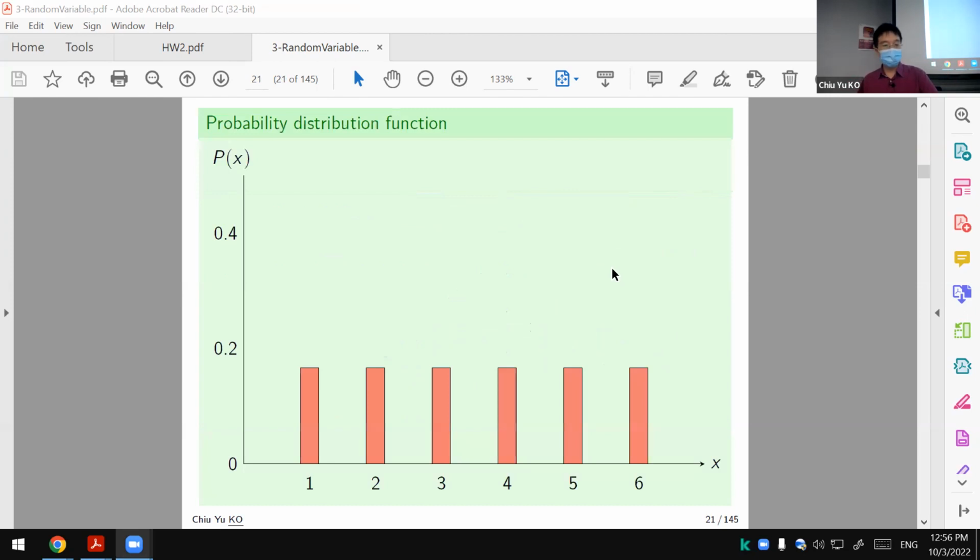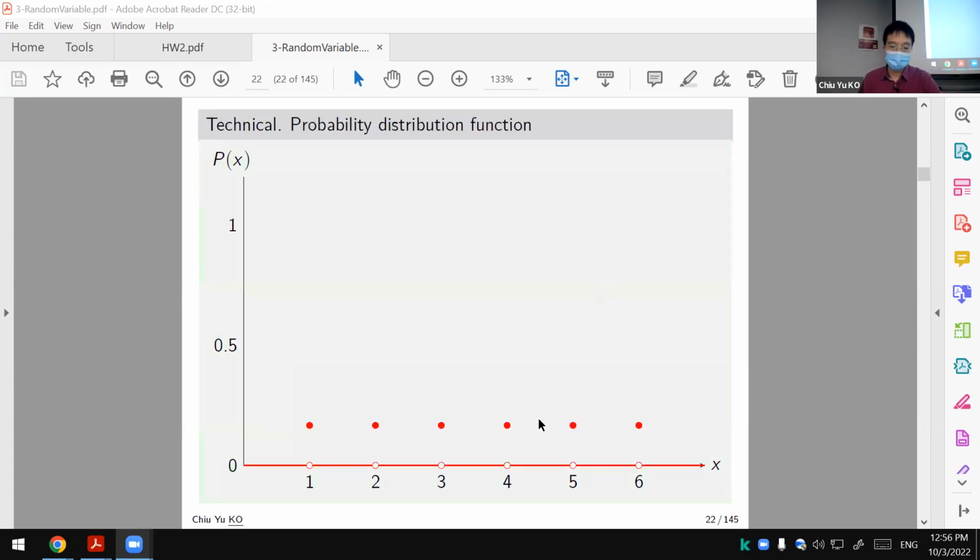we have been drawing things like this, right? Like the bar chart, okay? Indeed, when you look at advanced mathematical or statistical textbooks, they will not draw like this, okay? You will see they will draw in this way, okay? This is the thing you will see in the book. The reason is that when you actually draw this function, only the exact value of 1 would get the value of 1/6, right?